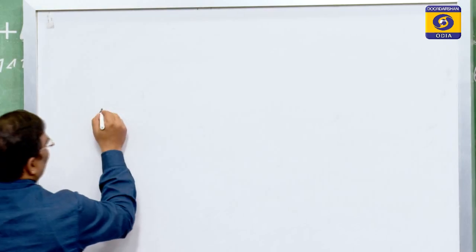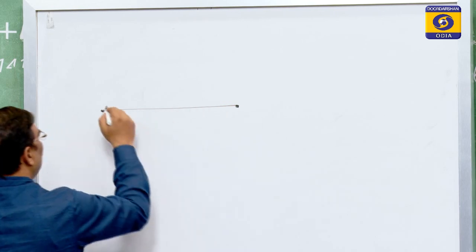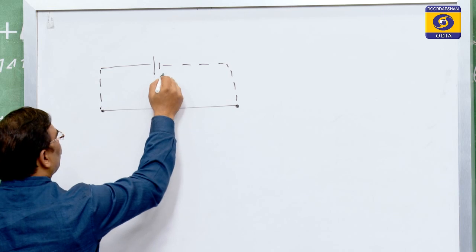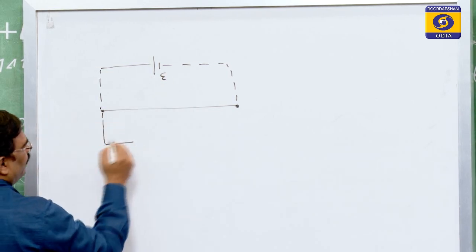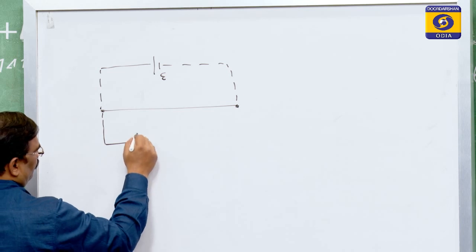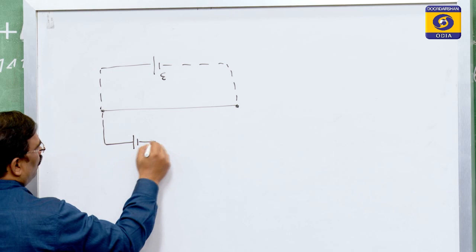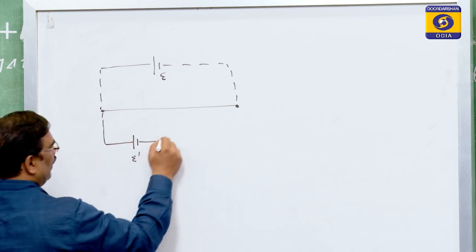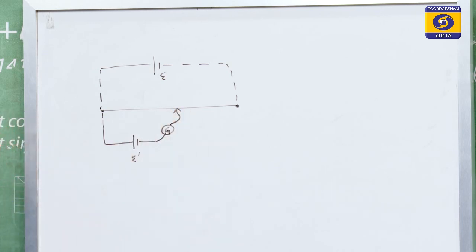Suppose this is my potentiometer wire and it is biased like this. Now, another battery is used, a battery of EMF E dash, and here is my galvanometer and this is my jockey.